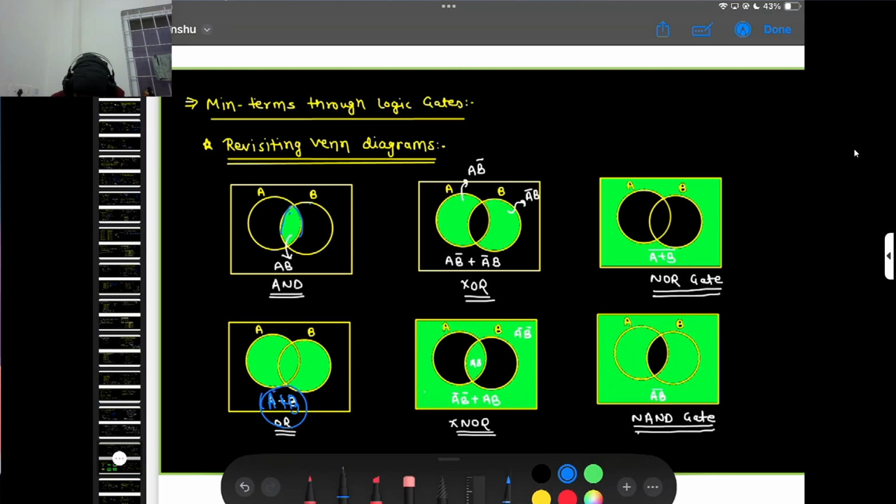So that is A plus B. And here is A, and this should not be B bar, so A B bar plus here A bar B. This is nothing but A XOR B, and A plus B bar. So basically it's out of the box, like this. So this is totally A bar.